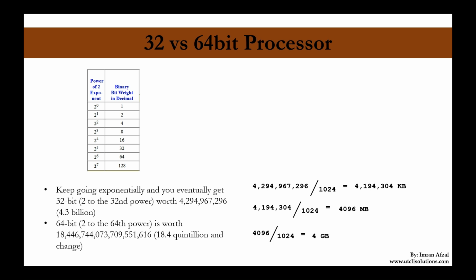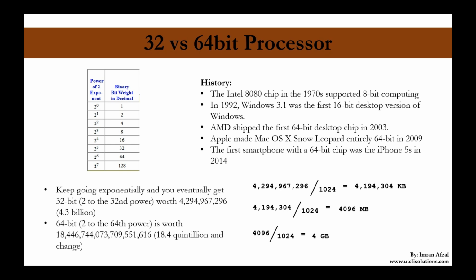Let's look at a quick brief history of our processors, how they came into being. The Intel 8080 chip in the 1970s supported 8-bit computing. That's so low. In 1992, Windows 3.1 was the first 16-bit desktop version of Windows.